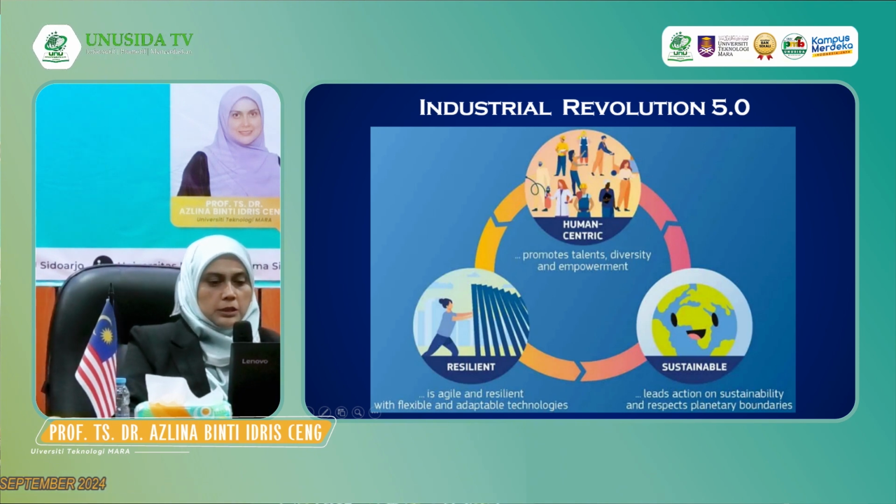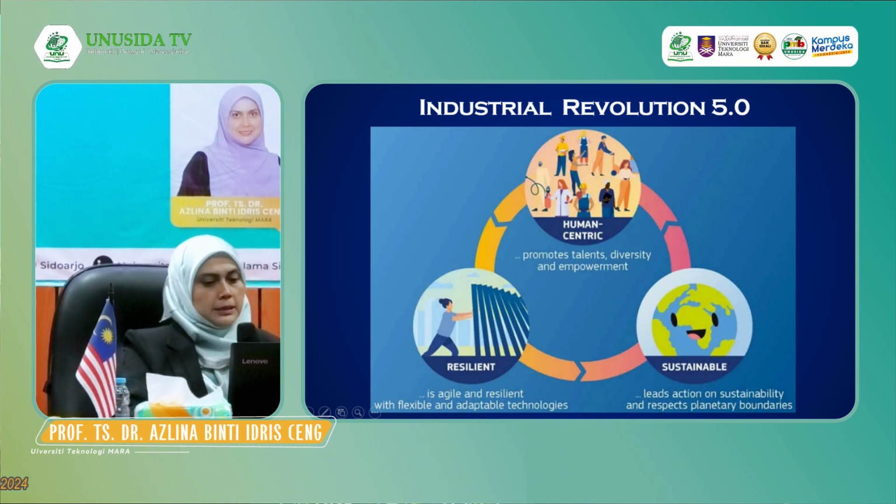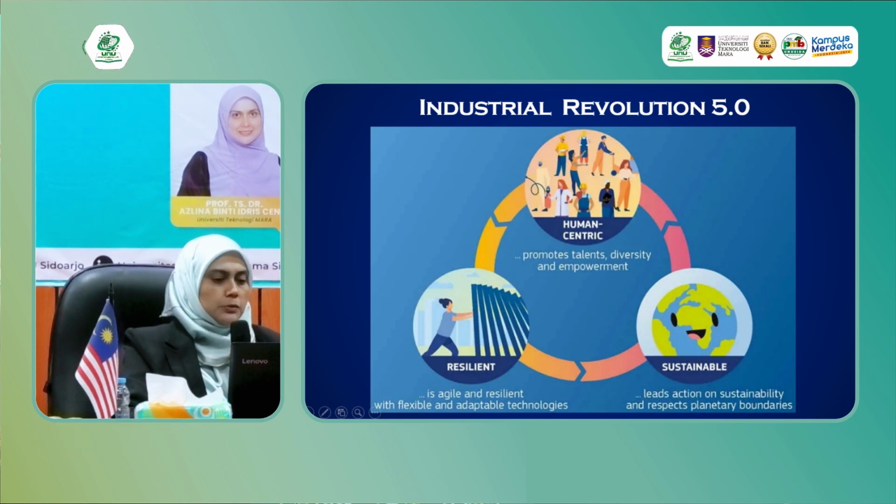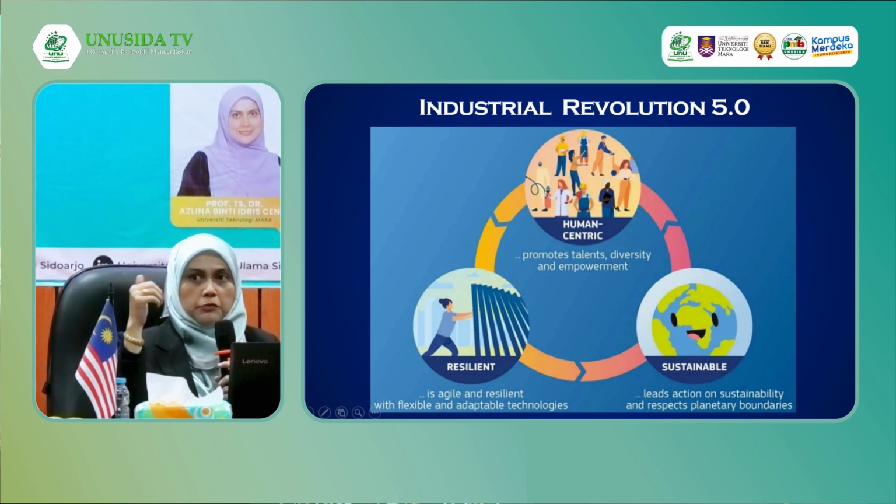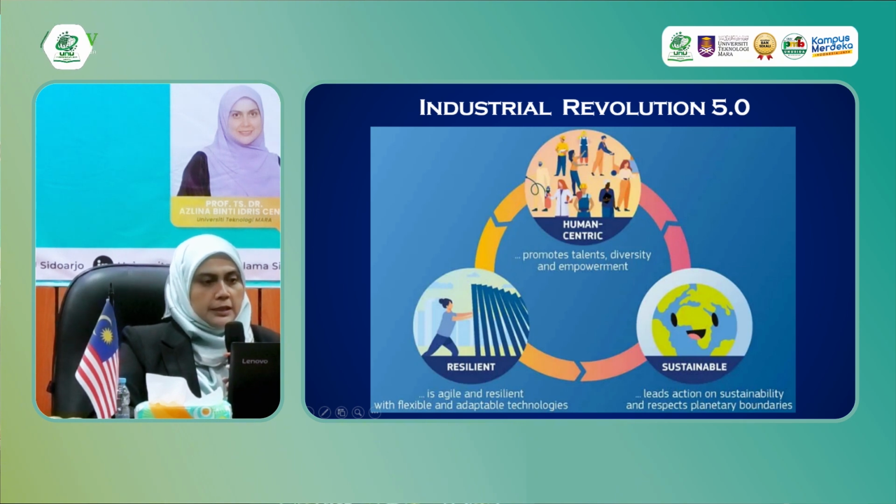It is also more focused on sustainability, leading action on sustainability and respecting planetary boundaries. And the last one is resilient, meaning agile and resilient with flexible and adaptable technology. So Industrial Revolution 5.0 focuses on being human-centric, sustainable and resilient.